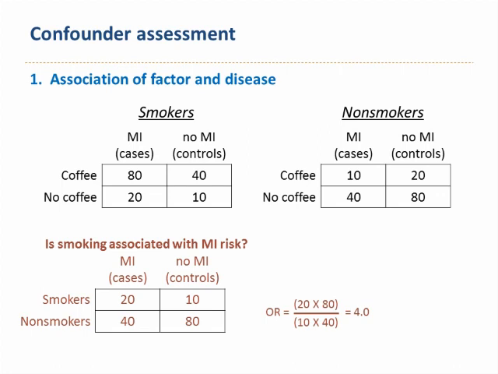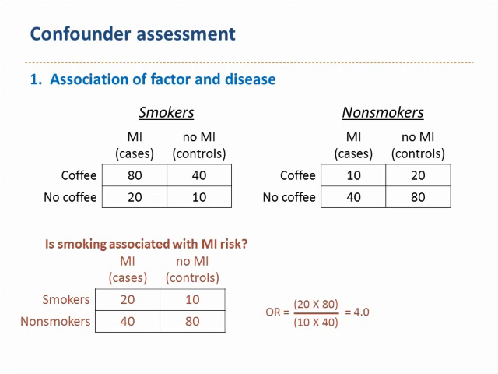In the upper right, we have all of the controls who are smokers and non-coffee drinkers. That would be the unexposed group, and that's 10. In the lower left cell, we have the MI cases who are non-smokers, which is 40. And in the lower right, we have the no MI cases, the controls, who are non-smokers.